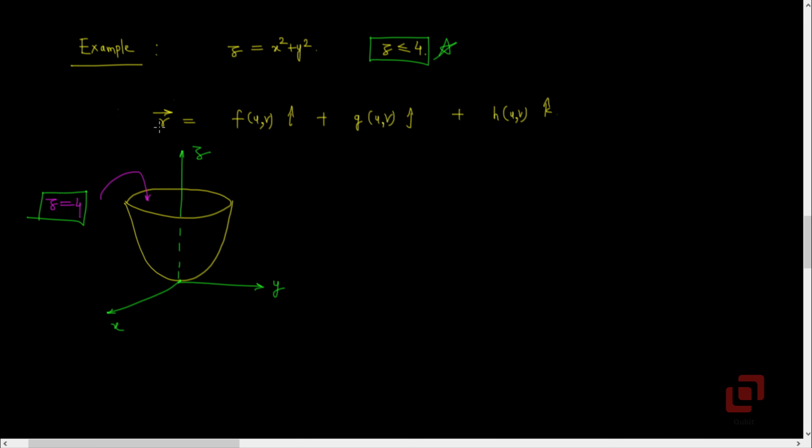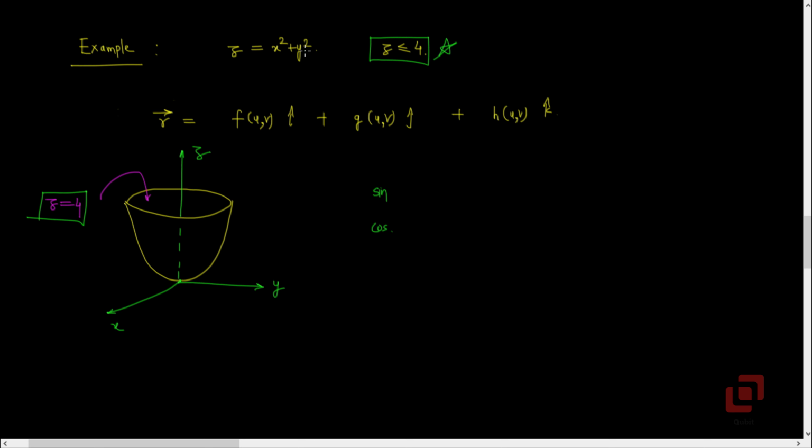For any surface, the position vector r bar is f of u v i cap plus g of u v j cap plus h of u v k cap. Let us now try to obtain the correct parametric representation of this surface. Presence of the square of x plus the square of y hints that we may be required to use the trigonometric functions sine and cos.